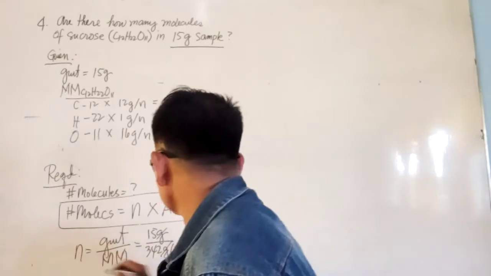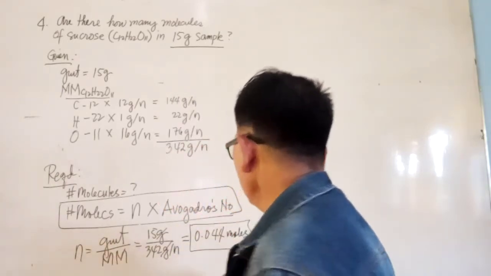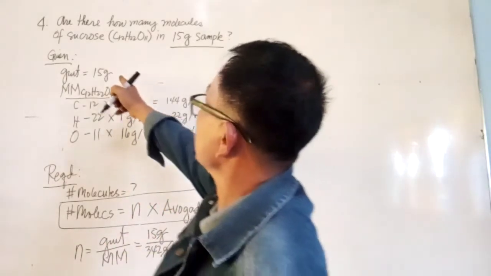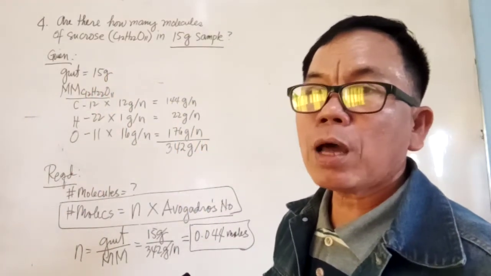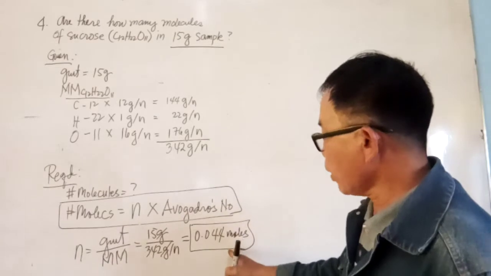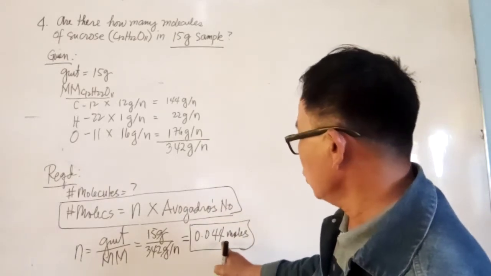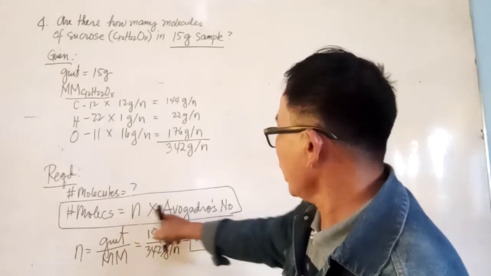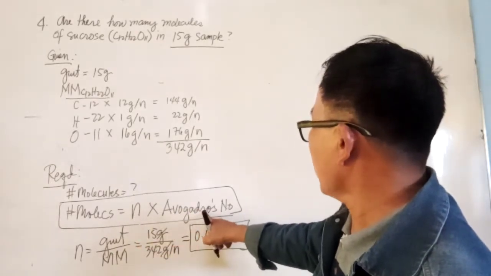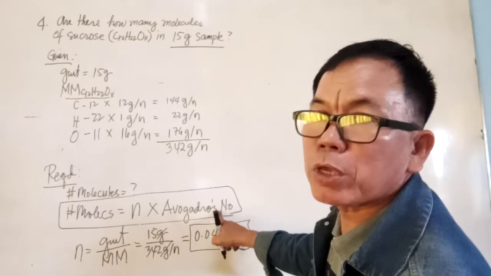Okay, this is now the number of mole of that sugar, which is equivalent to 15 grams. But what we are looking for is the number of molecules. So from here, you can now substitute the number of mole in the first formula, and then of course substitute this Avogadro's number by its figure.